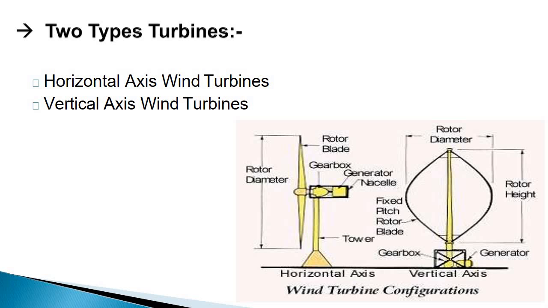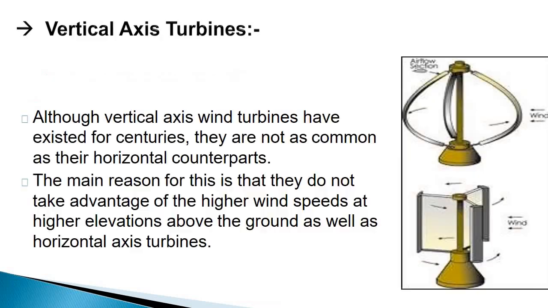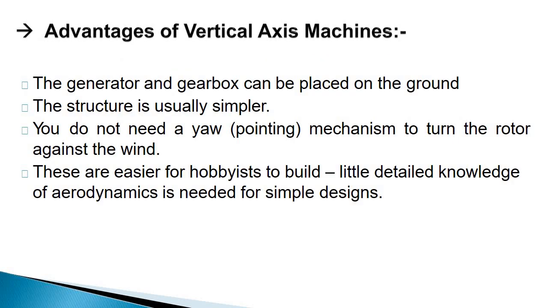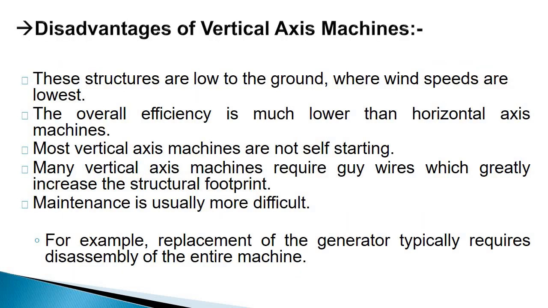Then two types of turbines: horizontal axis wind turbine and vertical axis wind turbine. So we have seen vertical axis turbine, then advantages, disadvantages.